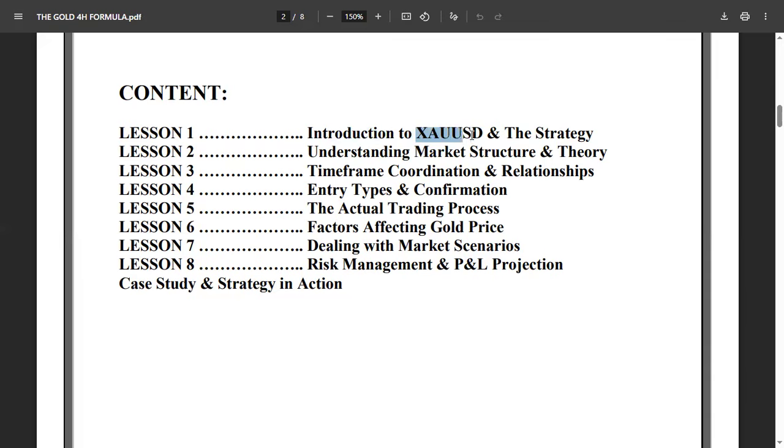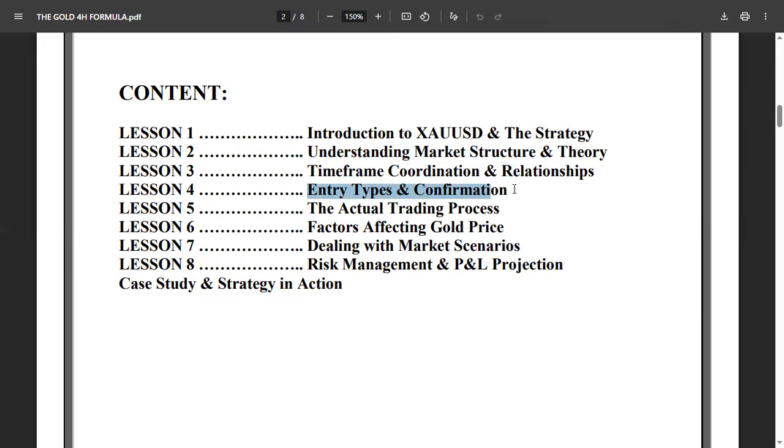So we're going to do a deep dive on what's behind the gold itself and the strategy itself. I'm going to expose a little bit about the strategy, the history, how it came up, and how are we going to use this 4H formula to trade. Okay. So the second lesson will be covering market structure and candlestick anatomy theory, and following with the time frame coordination and the relationship between time frame.